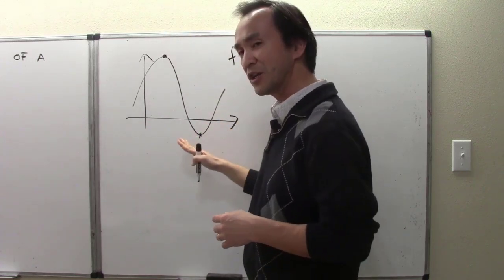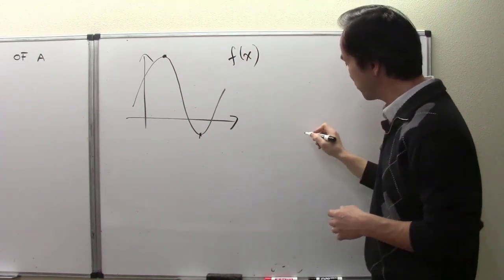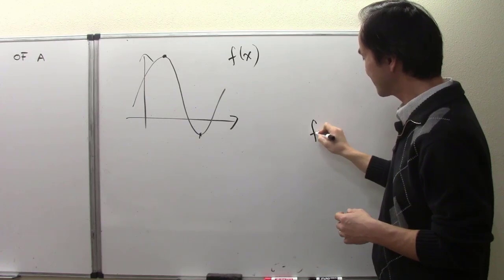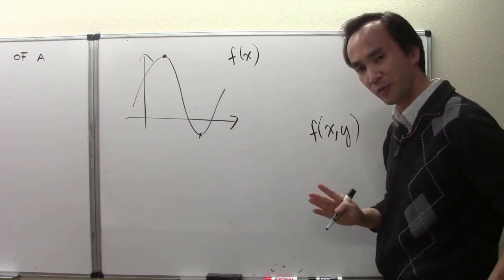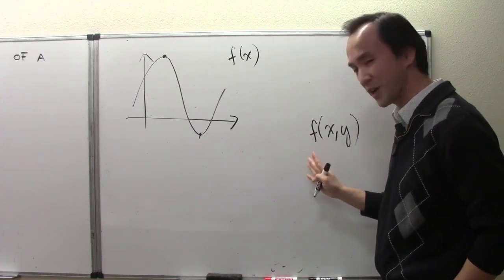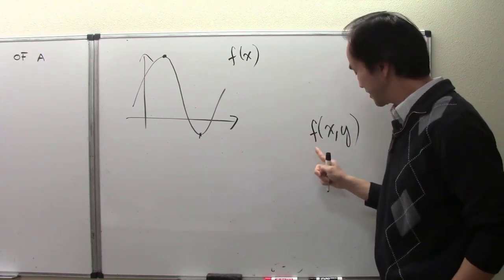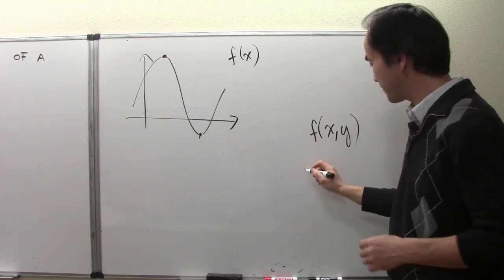Now when you transform over to a function of two variables, let's say we have a function f of x comma y. Again, the method we're about to learn here is only limited to a two-variable function.